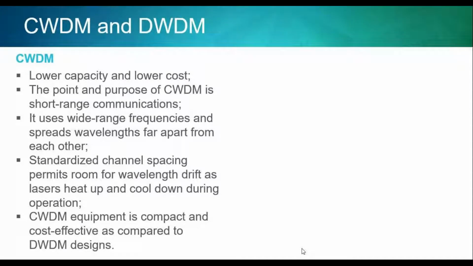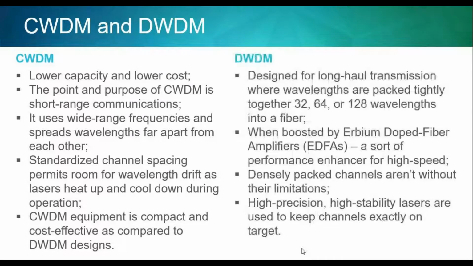The spread between each wavelength is bigger, so it has more tolerance in terms of the optics and the lasers. The drift is more lenient in terms of the lasers as they go through heating and cooling cycles. They're also relatively compact in terms of equipment compared to the typical DWDM systems and designs. From a DWDM standpoint, like I said, it was initially designed for long-haul transmission.